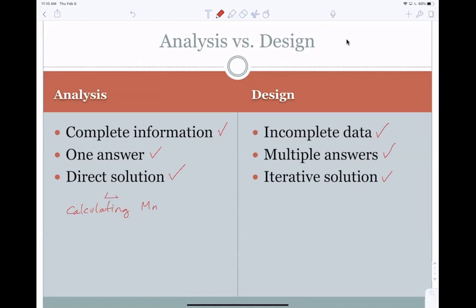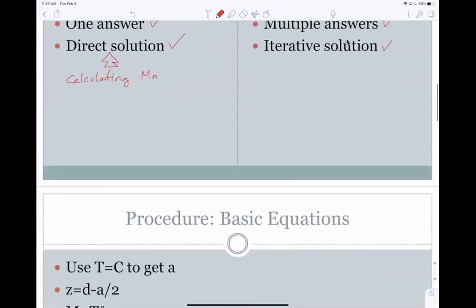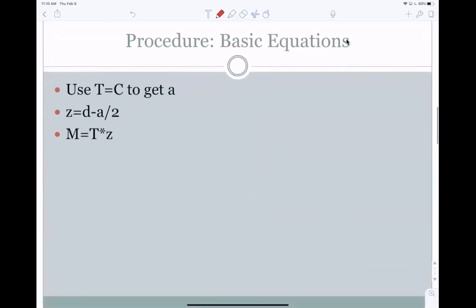So this is what we're going to do. It's very straightforward. Because it's analysis, there is a procedure. Steps 1, 2, 3: use T equals C to solve for a, the depth of that stress block. The moment arm between the compressive and tensile force, that couple, is z.